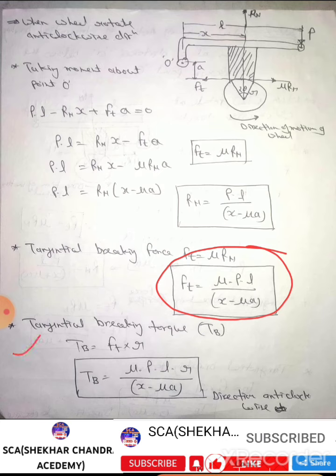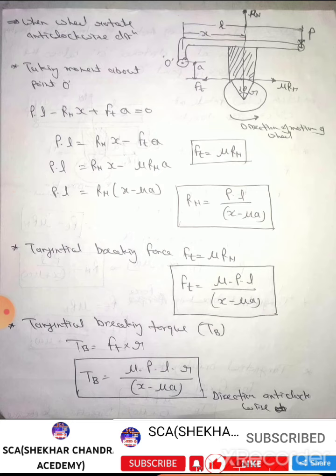Now we also calculate braking torque Tb. Tb is Ft into R. We also know Tb, braking torque, is braking force times perpendicular length or radius of wheel.